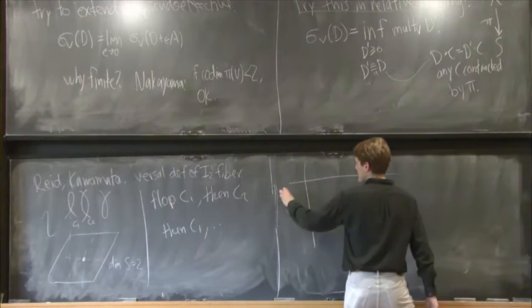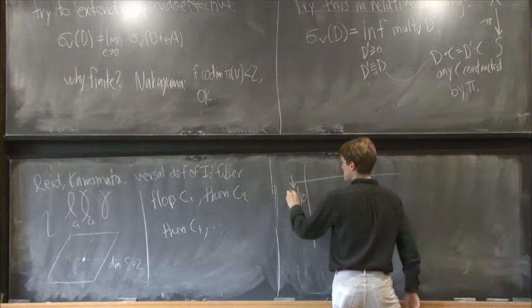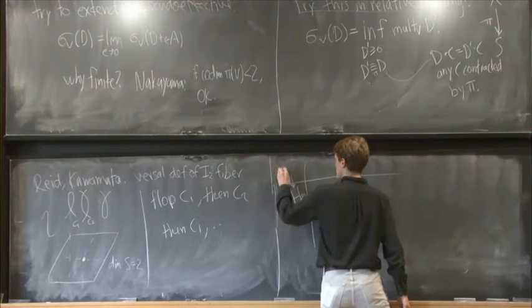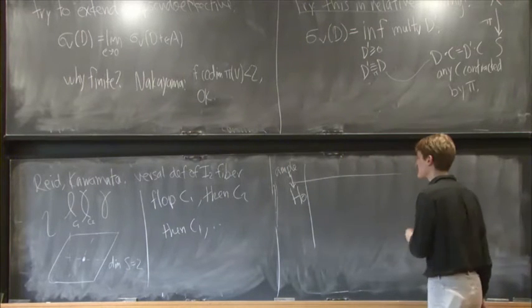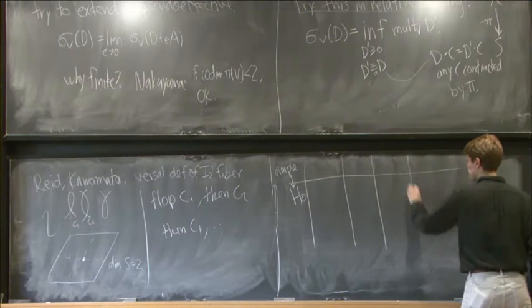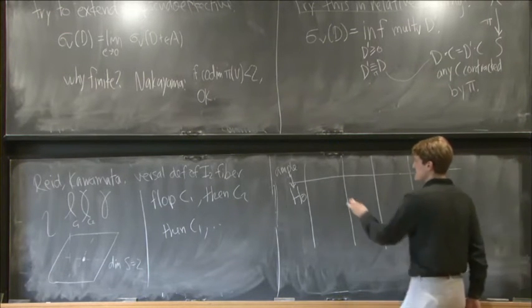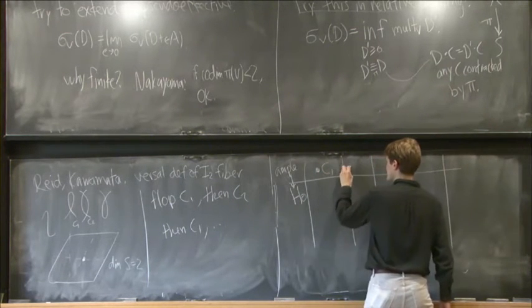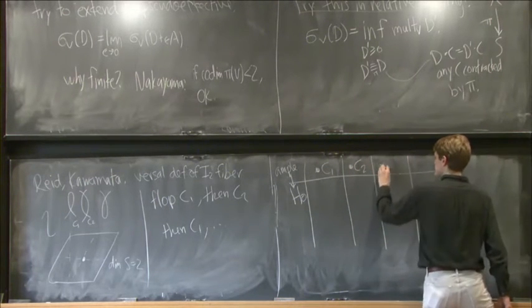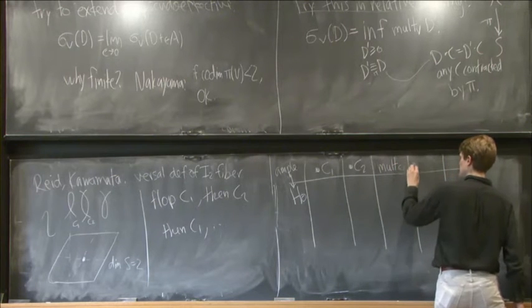So let me start with an ample divisor H0. And I'm just going to make a table of the multiplicities of the strict transforms. All right, so I'm going to have 4 columns in my table. The first column is just what's my divisor dot C1. Second is what's my divisor dot C2. Third is what's the multiplicity along C1.